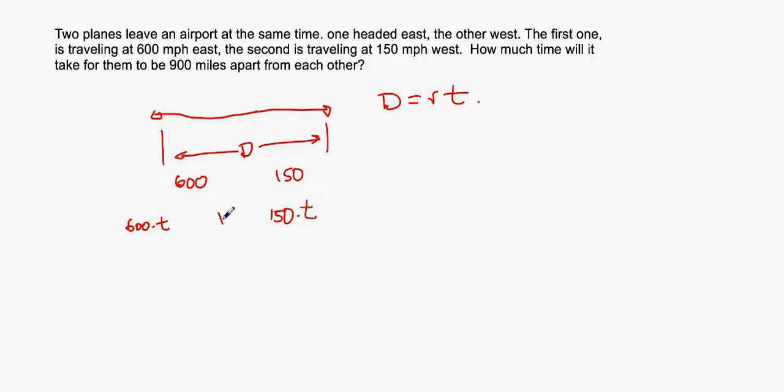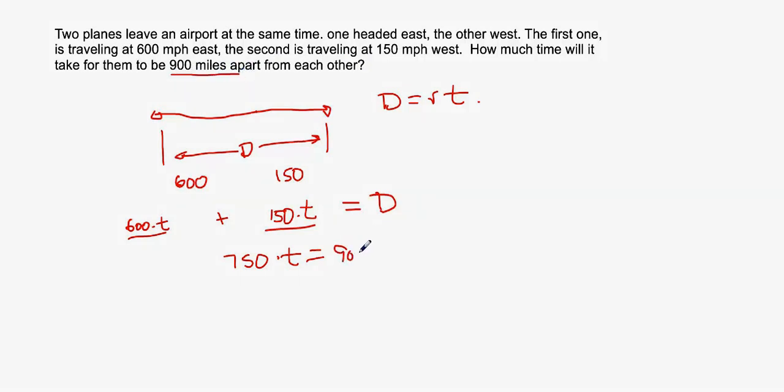However, because the distance is increasing as they move apart, you have to add both of these, and that gives me the total distance that will be between them. So if you add those two together, you end up with 600 plus 150, which is 750 times t, and we want them to be 900 miles totally apart.